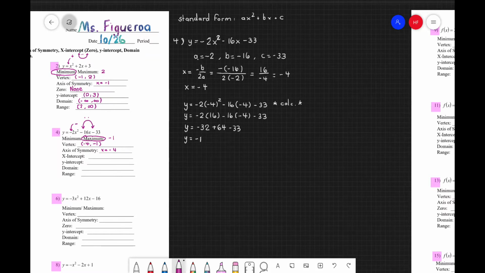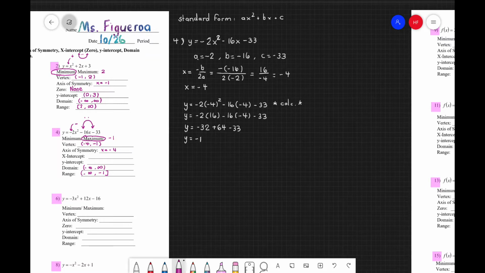And so now we're going to write out our domain and range. Domain doesn't change, negative infinity to positive infinity. And then the range is going to go all the way up to negative 1 and then turn back around. So we're going from negative infinity up to negative 1, turn back around, go back down to negative infinity.